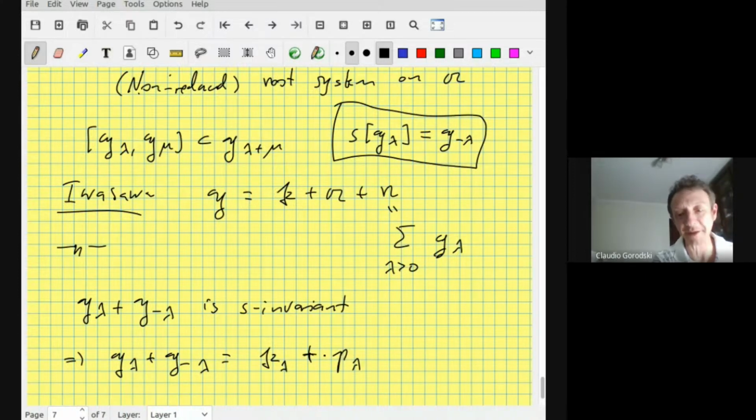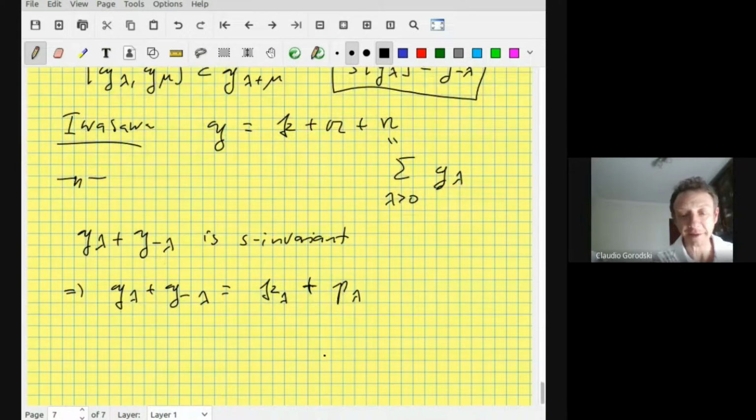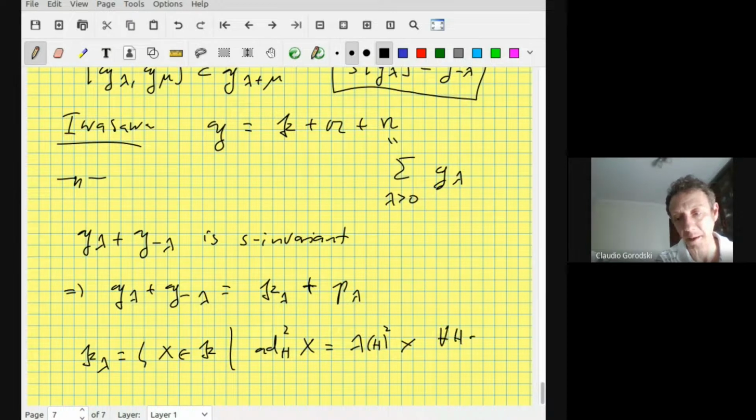There's a K part and a P part. It turns out it's easy, this is linear algebra. These K_lambda are going to be the elements in K such that ad H squared of X equals lambda(H) squared X. And similarly for P.